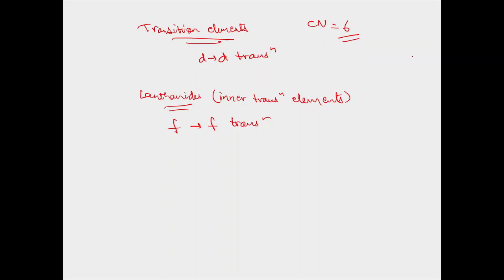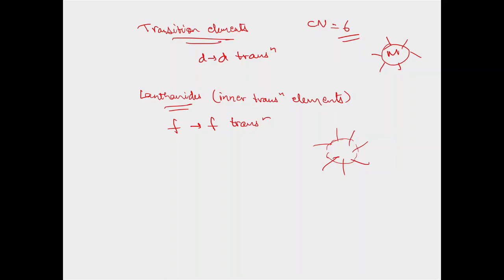Okay. So this is for d block elements. But for lanthanides, the ion is big as compared to the d block elements, and hence it has more space, and hence it can coordinate to more number of ligands. So the coordination number for lanthanides is actually more than 6. It will be greater than 6.